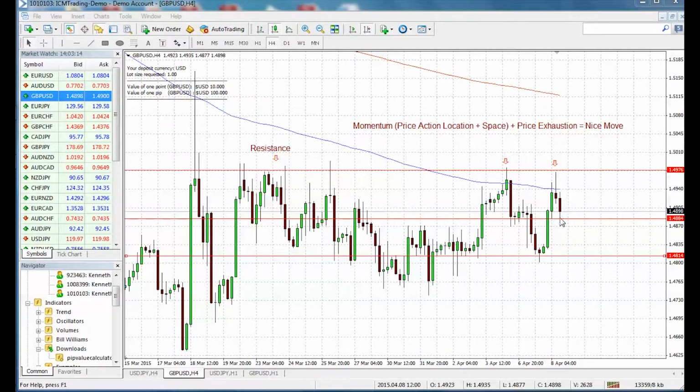I wasn't stopped out. My sell limit got triggered, so I took profit at this area, and now price has started to retrace a little bit. But honestly, since this is on a 4-hour, price may very well push back down and close below here, and if it does, there's a good chance that it'll push further down below here.